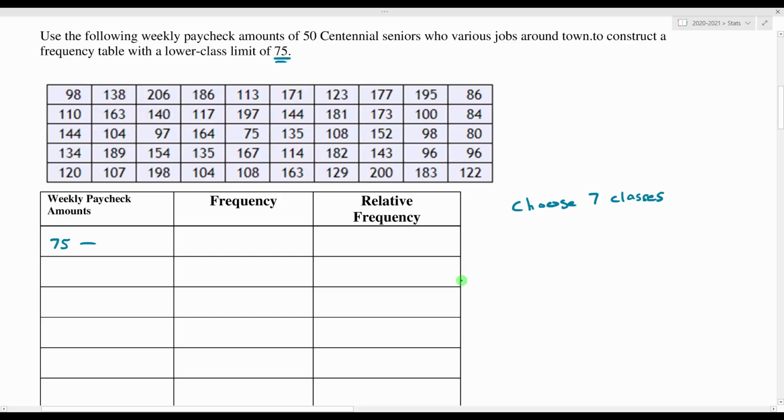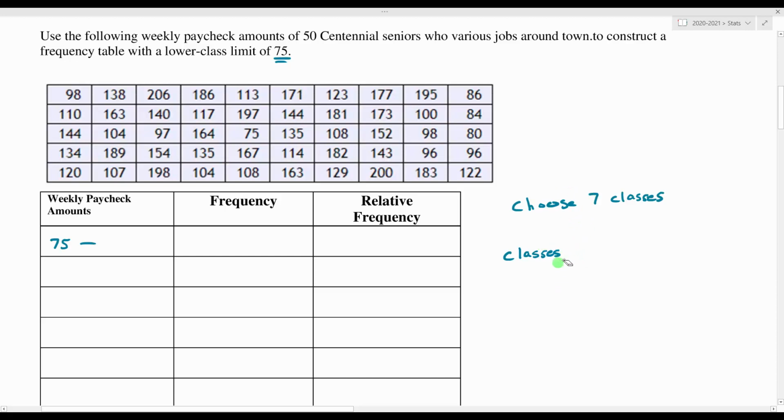And then we need to figure out what our class width is going to be. All right, so how wide are we going to make these classes over here on the left? And the way that we calculate that, there is a specific method that is stated in the book, and Mr. Slifer went over it last week as well.